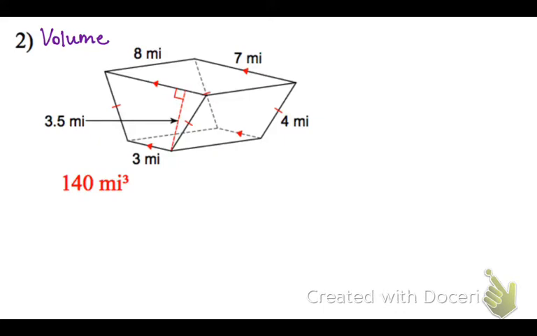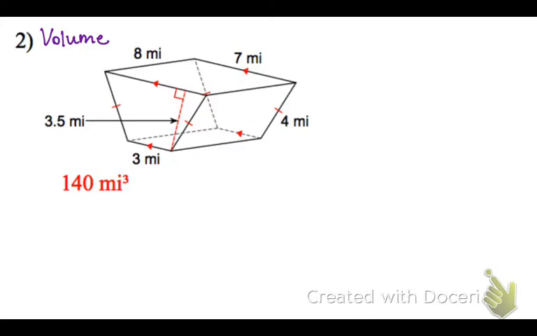So the volume here, this is a prism, right? So we look at what's our base. The tricky part in this is figuring out what's the base and what everything else is.